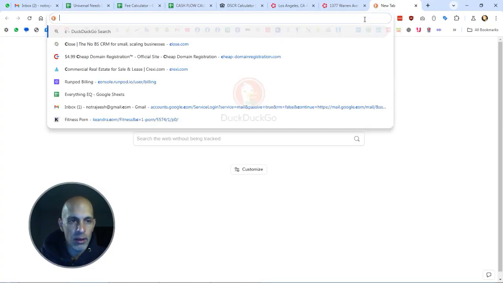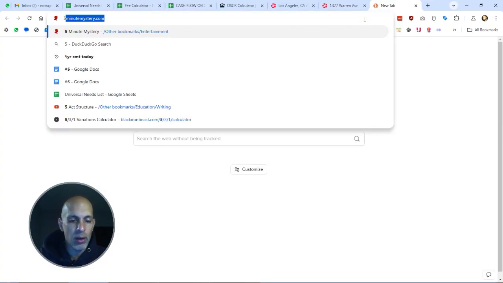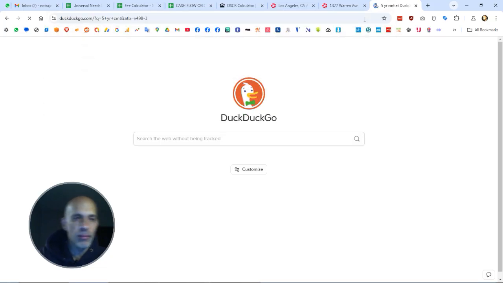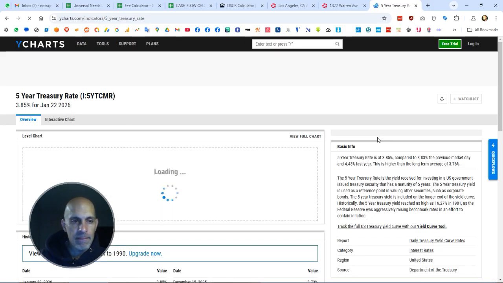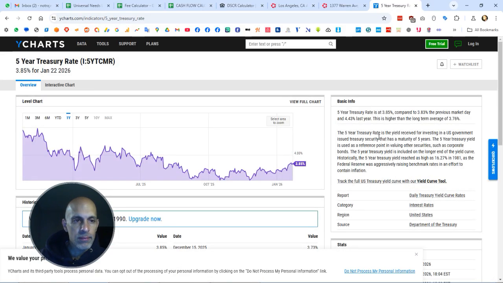The way we calculate our interest rate on this product is we look at the 5-year CMT today, and today it's at 3.85%.